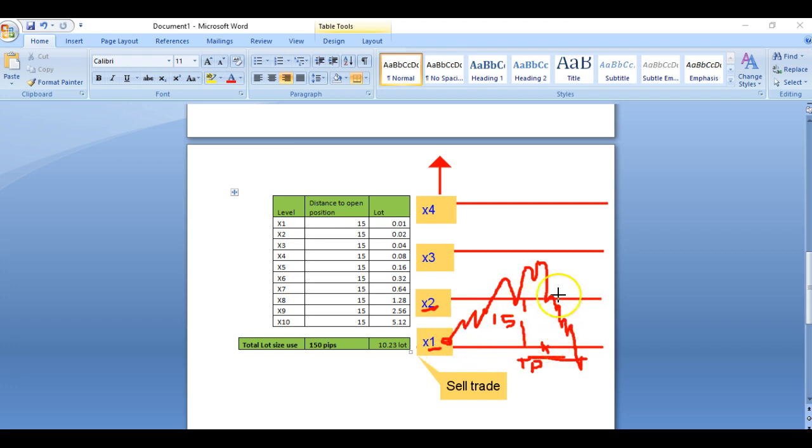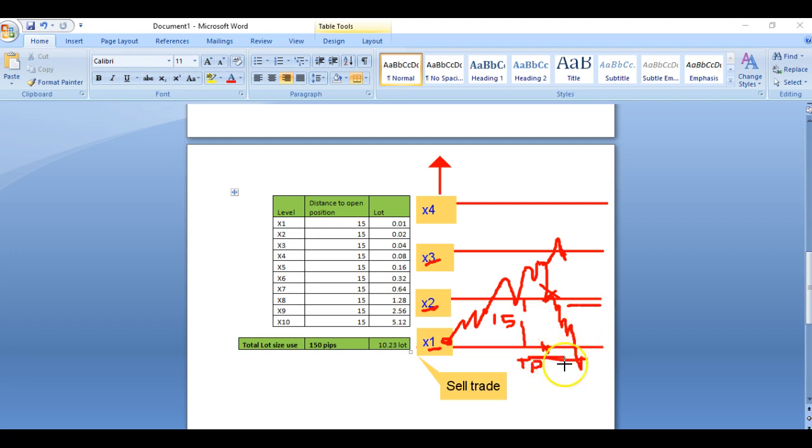What if this trade is still going up and it doesn't go down here, but it triggers to times 3, which means your lot size will be 0.04? So it triggers here, and it will open a new trade. The good thing about this EA is that if it hits the next step, it will open another TP over here.